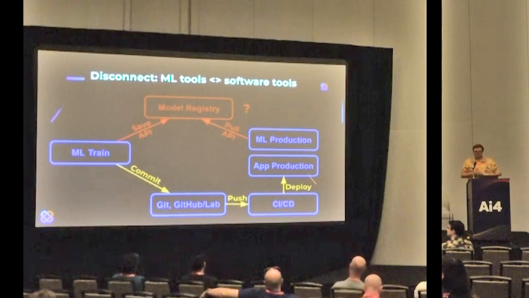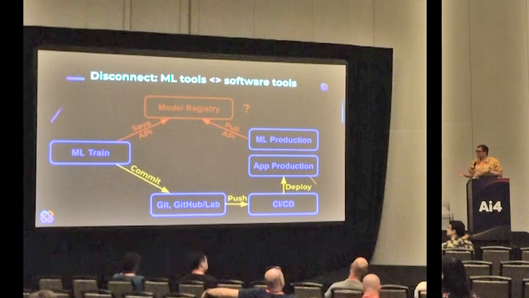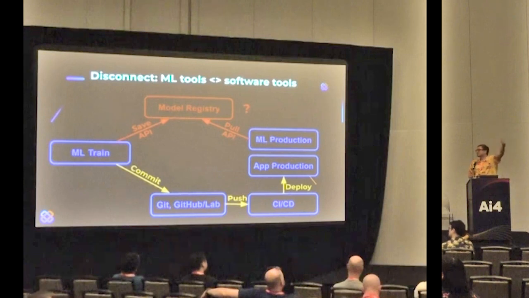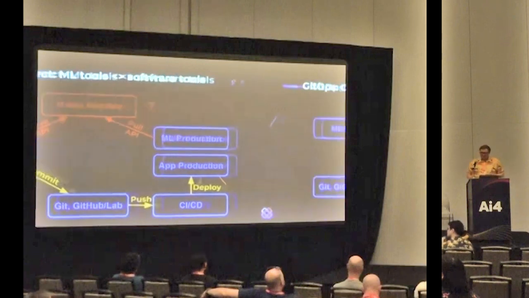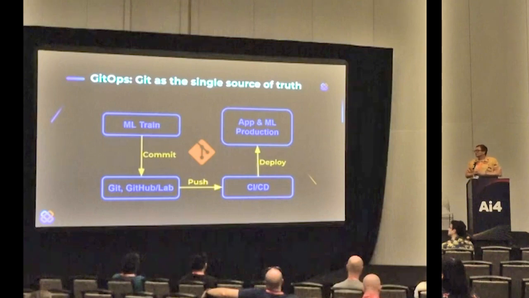You commit your models and your code, you assign Git tags, and it establishes the same kind of workflow for both ML engineers as well as software developers. And the need for a centralized model registry kind of disappears, because Git becomes a single source of truth for your deployment statuses.